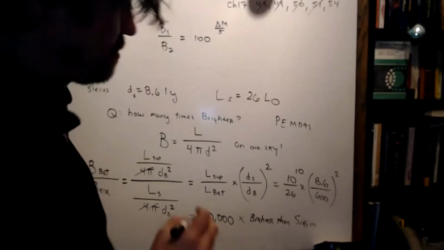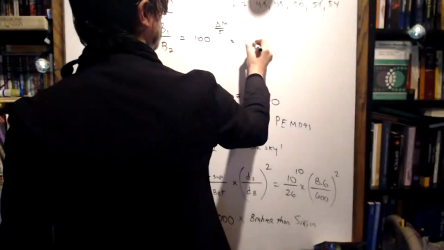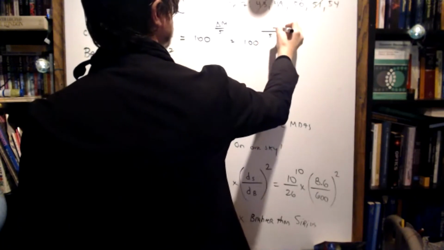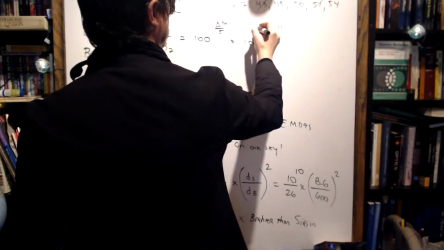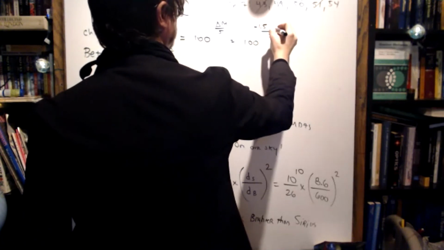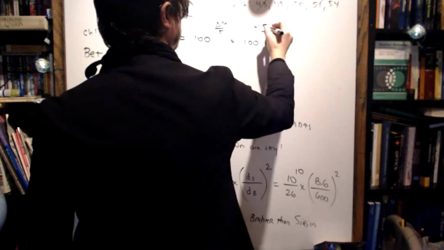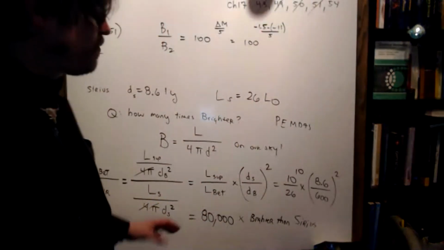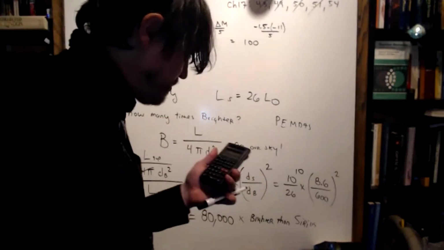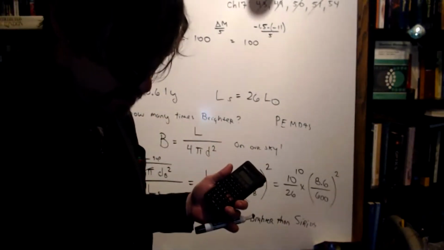All right, so the full moon is -11, and then Sirius is -1.46. Let's just call it -1.5. So it's -1.5 minus -11.